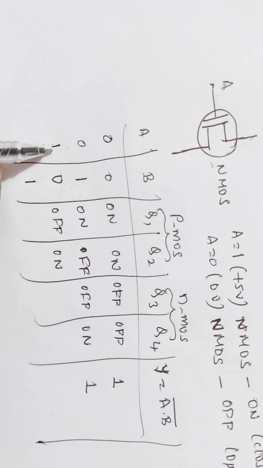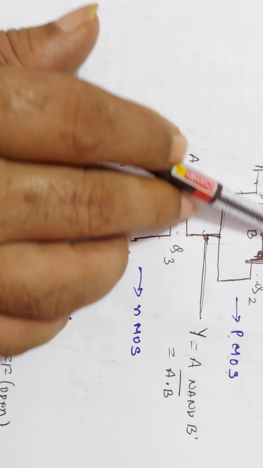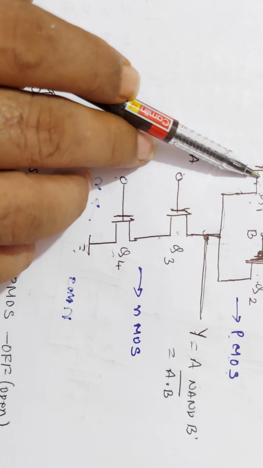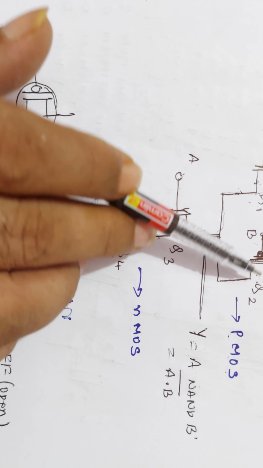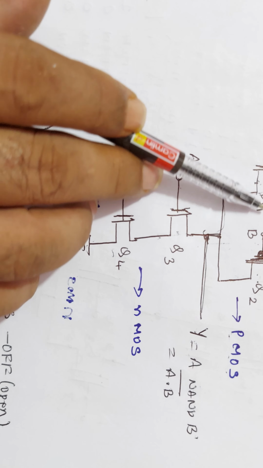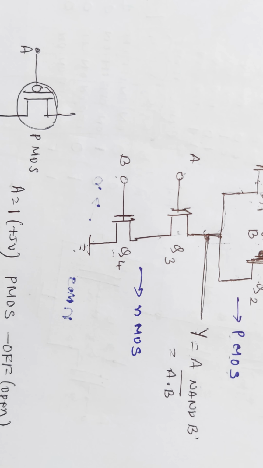If both are 0, both are closed, current will flow. If any one of these is 0, then also current flows, because one of the transistors is always on when any one of the inputs is 0.